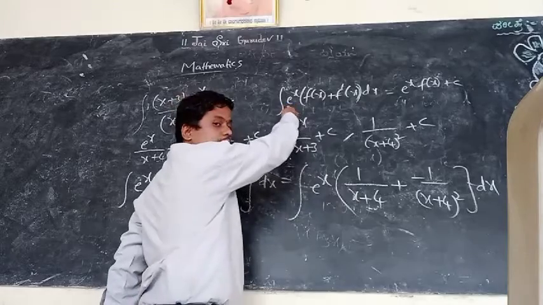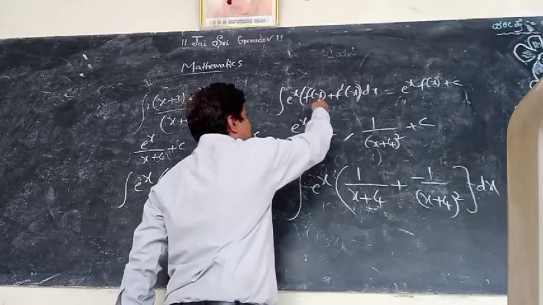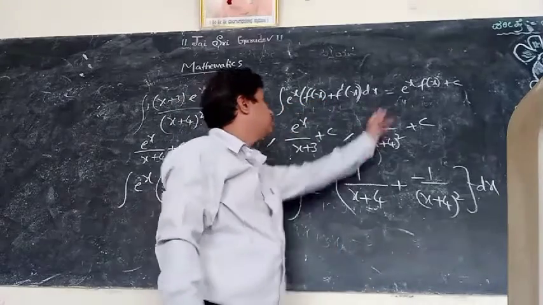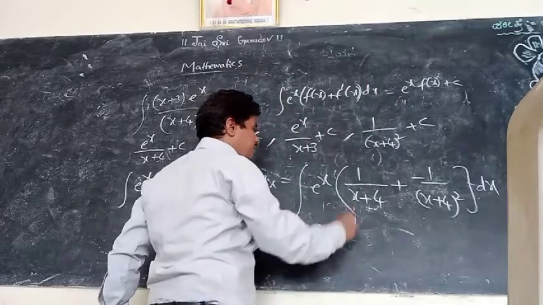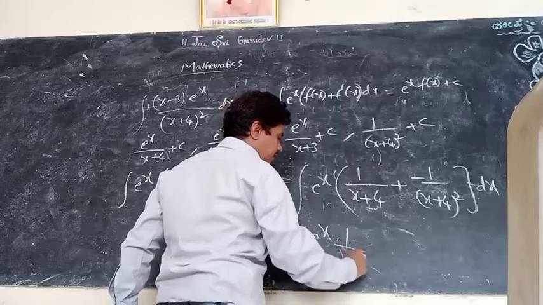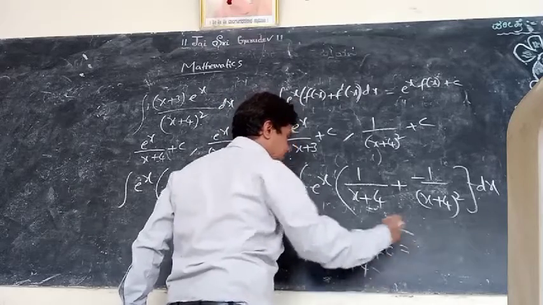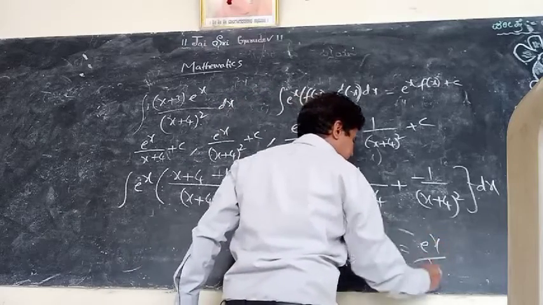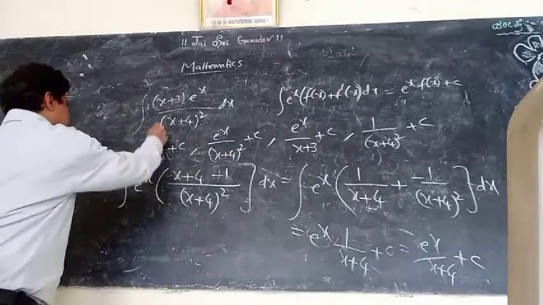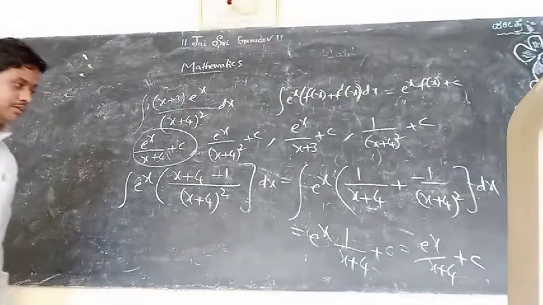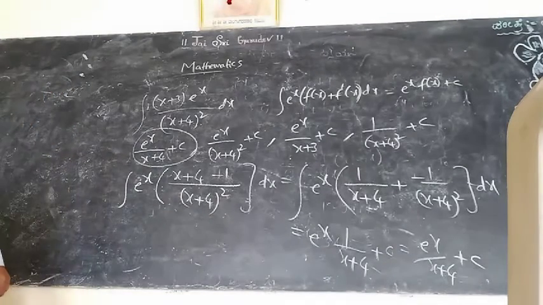By using the formula, the integral of e power x into f of x plus f dash of x is e power x into f of x. So the answer is e power x divided by x plus 4 plus c. Which option is the right one? The e power x divided by x plus 4 plus 3 option. We'll see the next question.